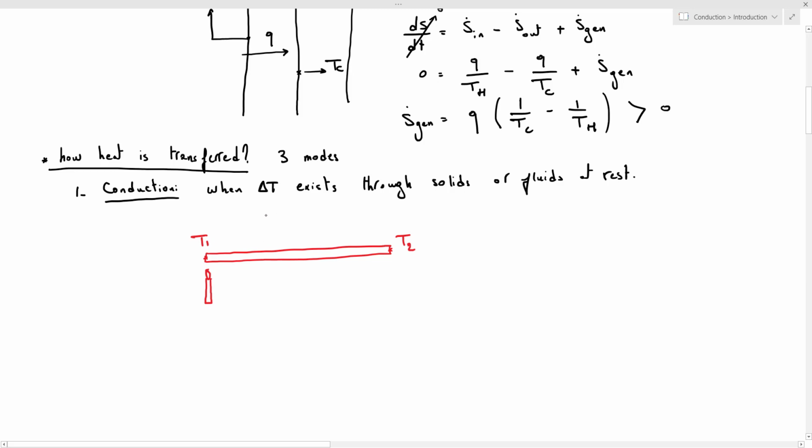This metal rod is put into an ambient temperature where T is equal to T surrounding. If we measure T2, we will notice that T2 is greater than T surrounding, even if T2 is far from the heat source.